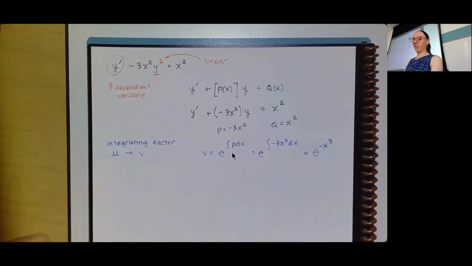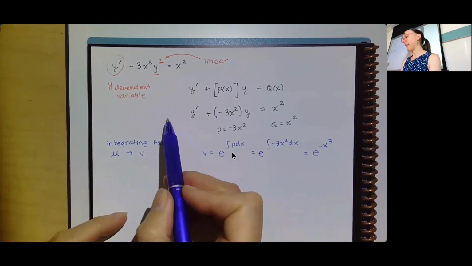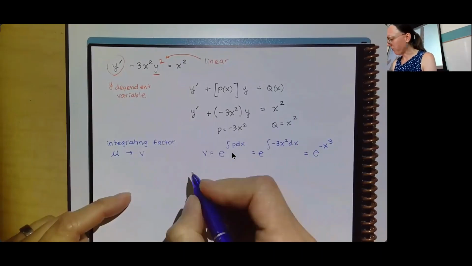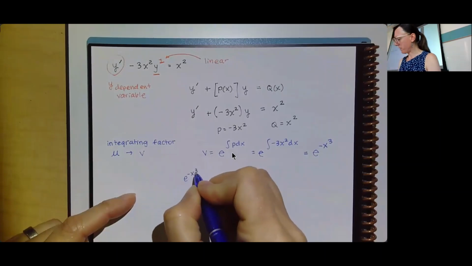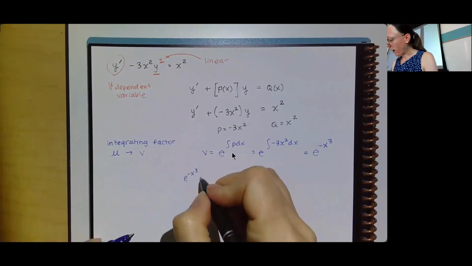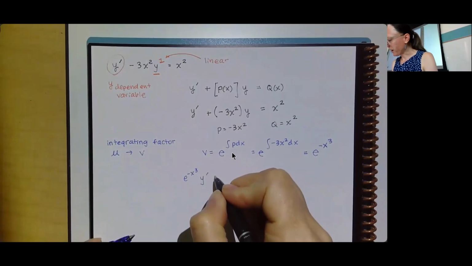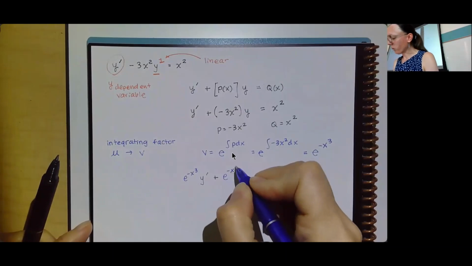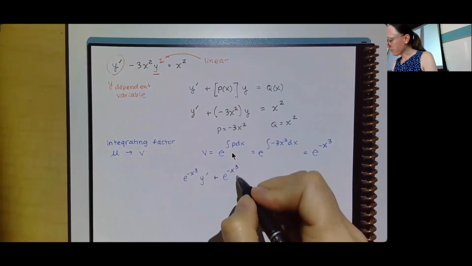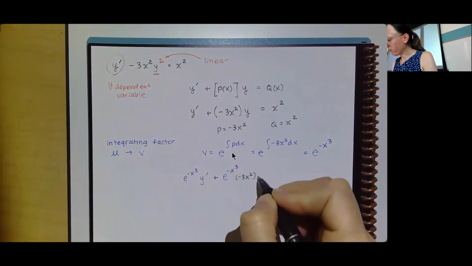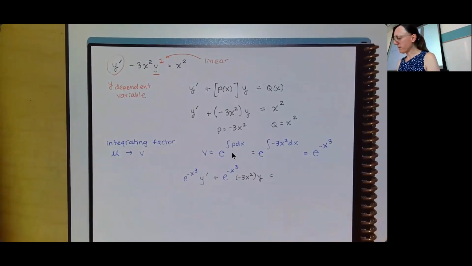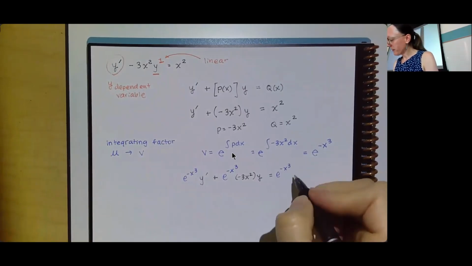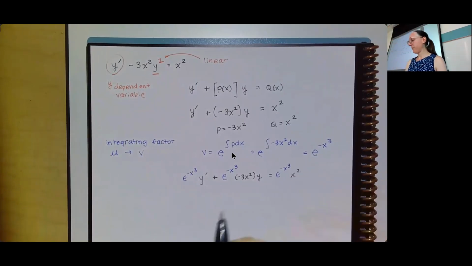What we do next with our integrating factor is to multiply our entire differential equation by that integrating factor. So I'm going to have e to the negative x cubed y prime plus e to the negative x cubed times negative 3x squared y equals e to the negative x cubed times x squared.